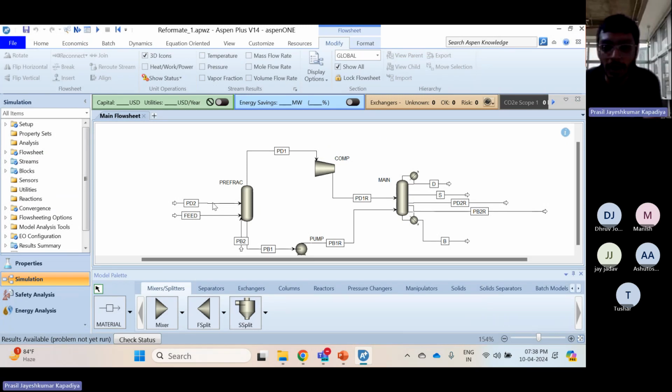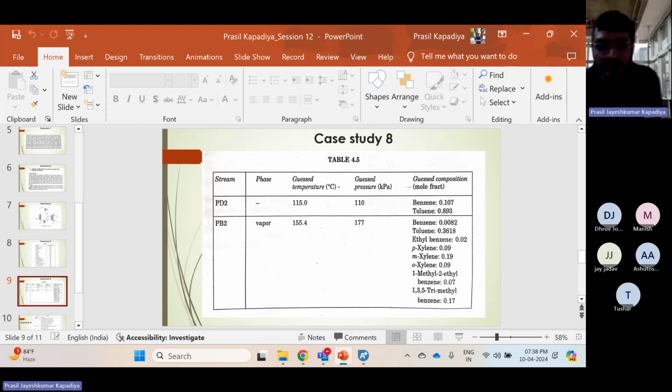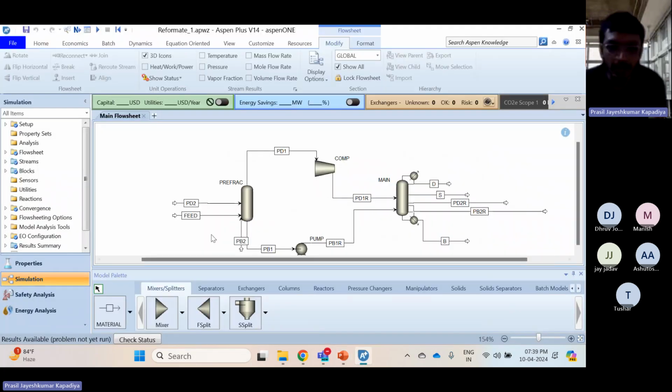Did you understand the problem at all, or is it very difficult? It is a bit tricky. Yes. What they are trying to say is what is given to us in the question: we are given some PD2 and PB2. Let's say from here I input this PD2 and PB2 value given in the problem. Ideally, what should we get?